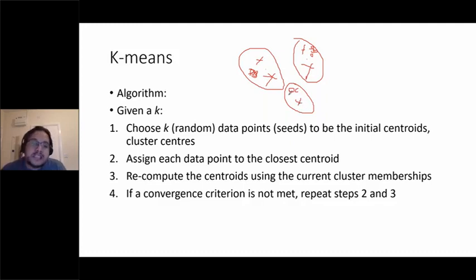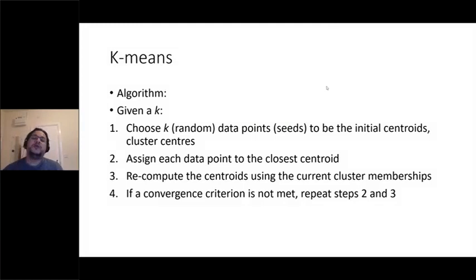And then we do the same thing again. We recompute the distances. I'm going to give you a better example that is more visually appealing than my drawing. And we do this again until there is some stopping criterion.